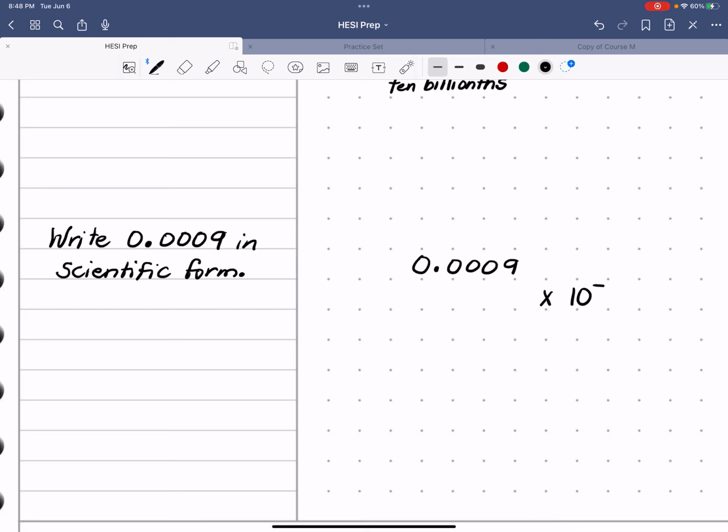So what is the non-zero number? It's a 9. So that's going to become my leader. And let me keep it matching up to the anchor. There's the 9. How many places do we have here? We have 4 of them. And that's what's going to come over here. So 9 times 10 to the negative 4.